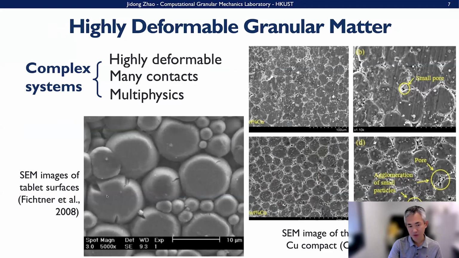Okay, and also it can develop fracture and crushing. So those are things here. On the right is another SEM image of the surface of this alumina and copper compact here. Okay, and these are processes where you compress the powders of metal, and then with certain heating, you can form certain alloys here. Okay, so in a sense, these granular matters are highly deformable and have important industrial applications here.